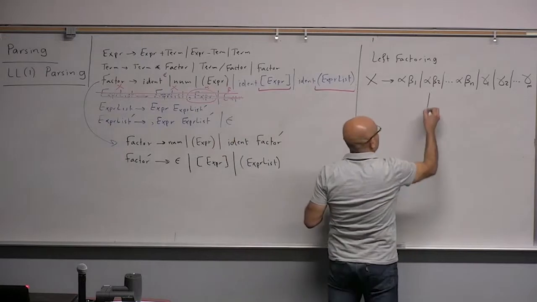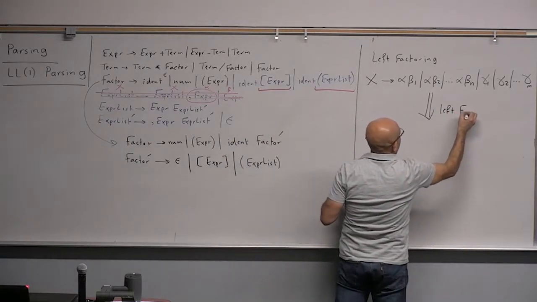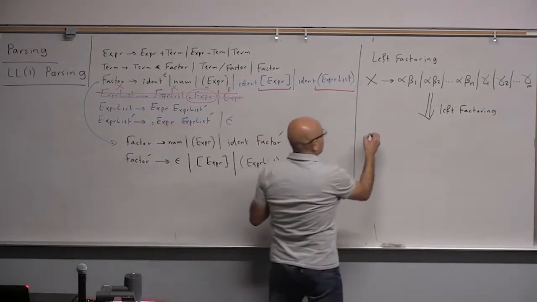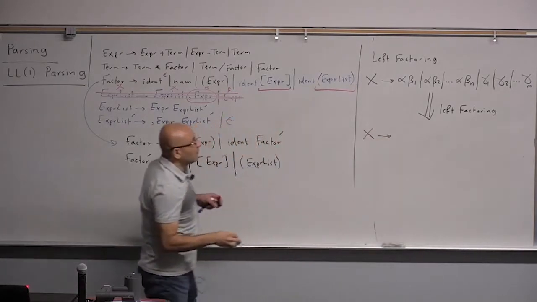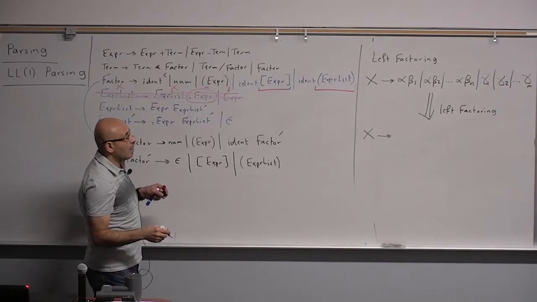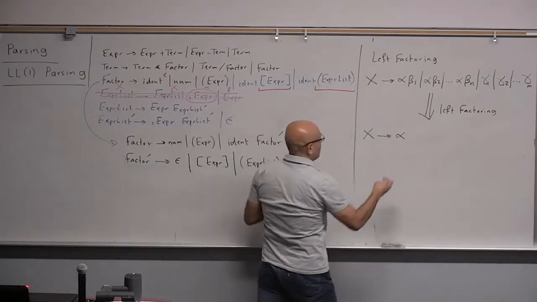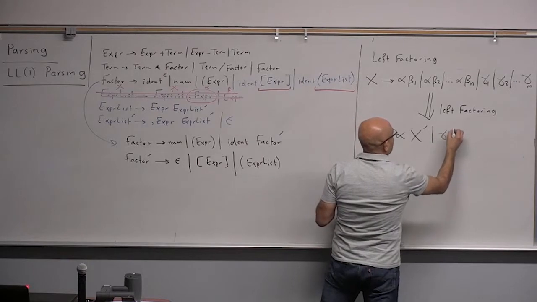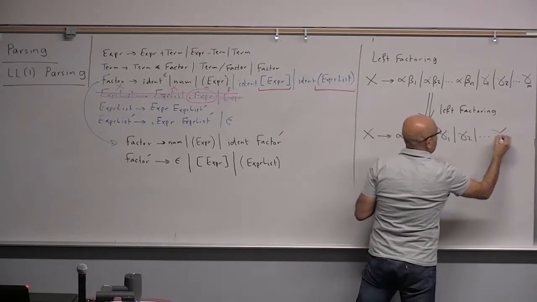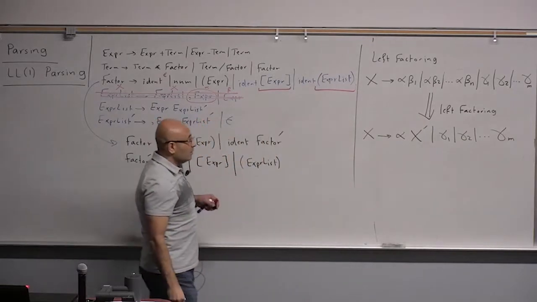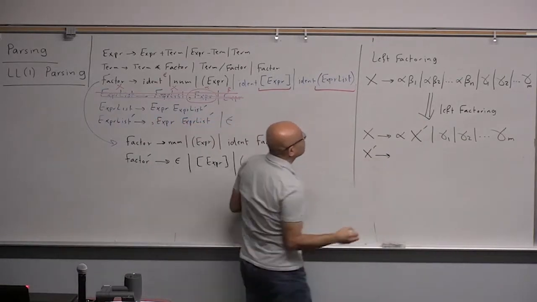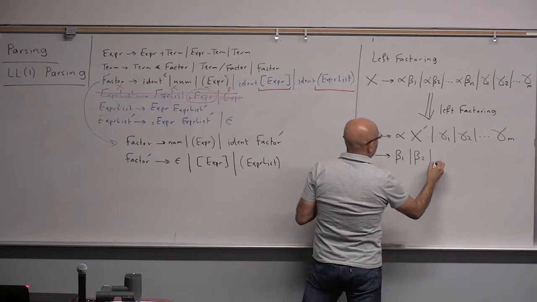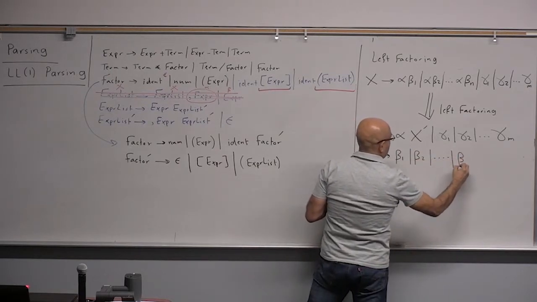So with left factoring, this gets transformed to x goes to alpha x prime or gamma 1 or gamma 2 all the way to gamma m, where x prime is beta 1 or beta 2 or beta n.